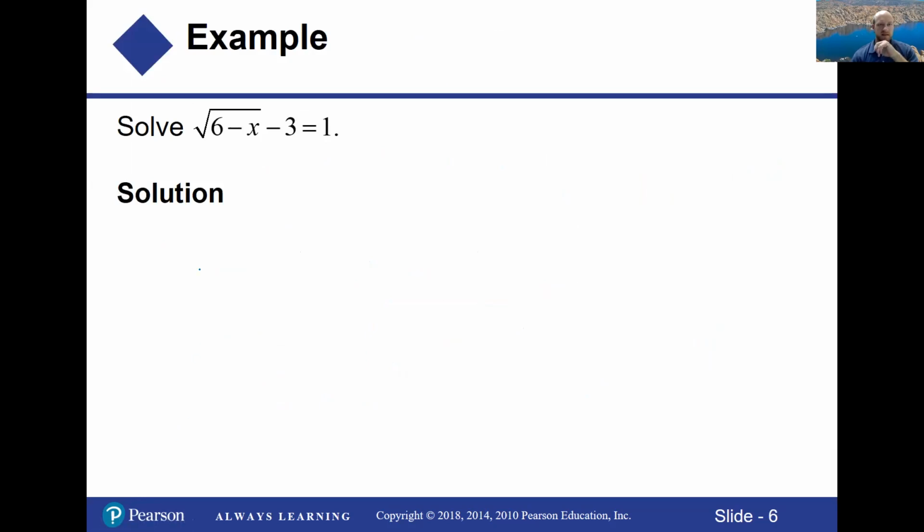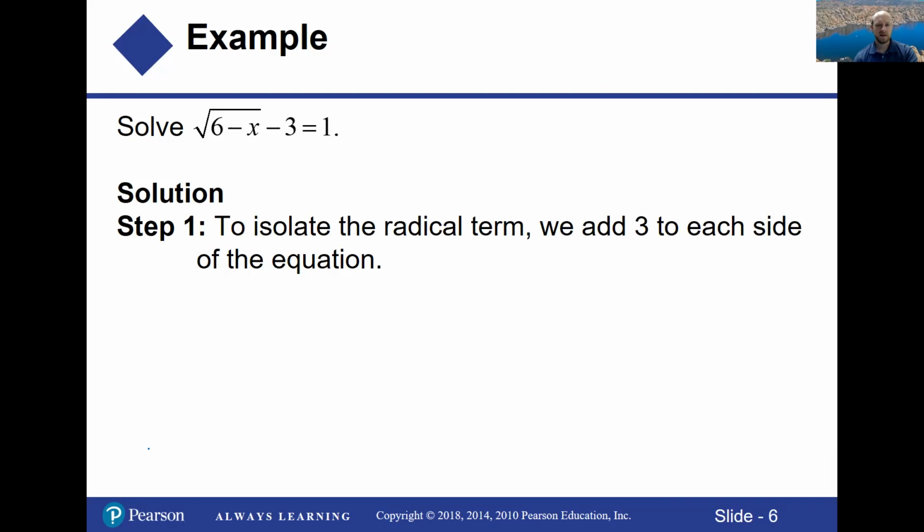So let's solve this radical equation. We have the square root of 6 minus x, that's inside the radical, minus 3 equals 1. Now, again, the first step is to isolate the radical term. So I'm just going to click through, I have some steps here. We add the 3 to both sides of the equation, right?